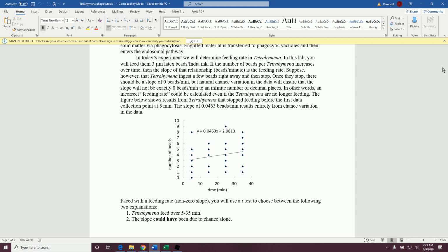To prevent that, we are going to learn in this lab how to do the statistical analysis, and how to figure out on the basis of the statistical analysis if the results we are getting are correct or not.